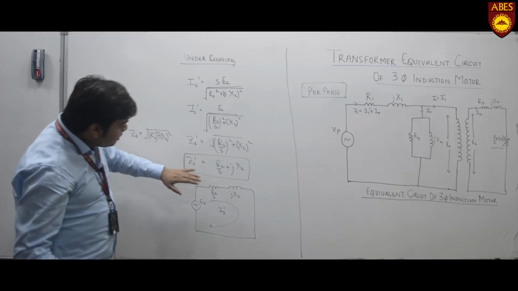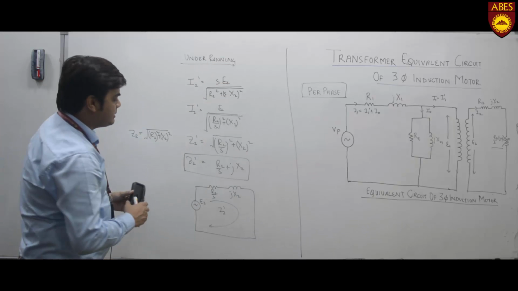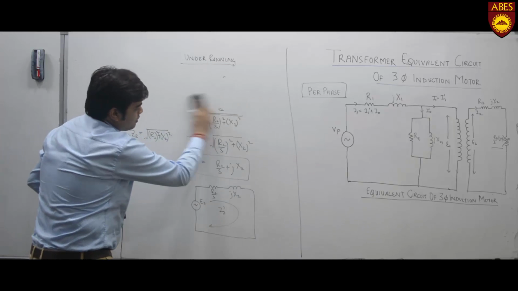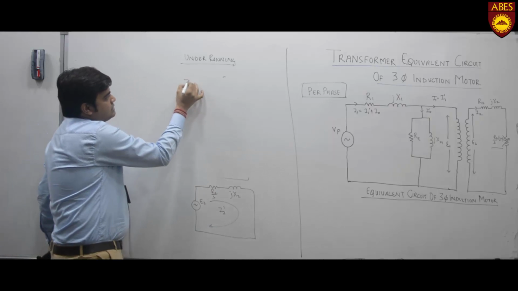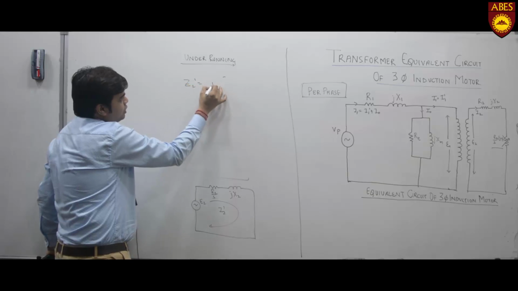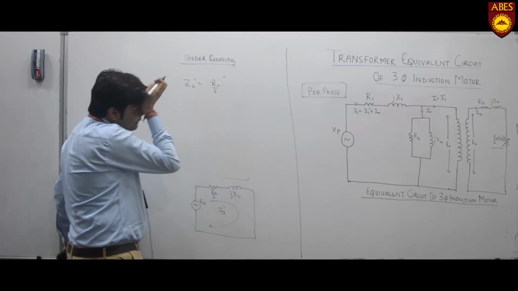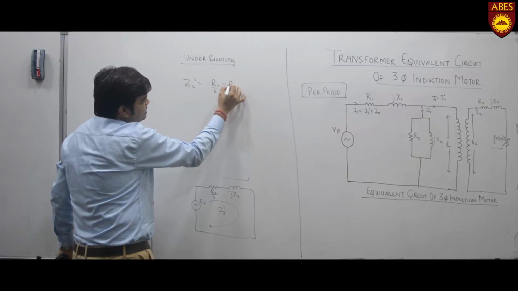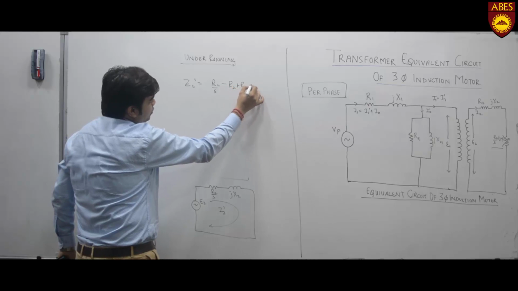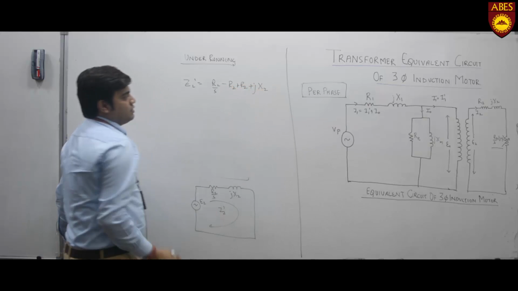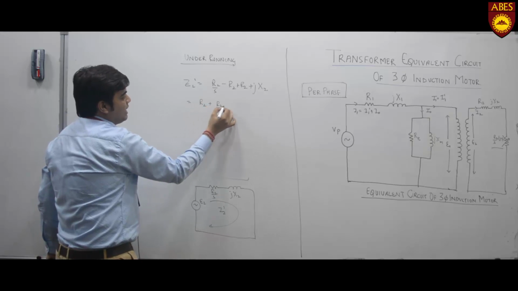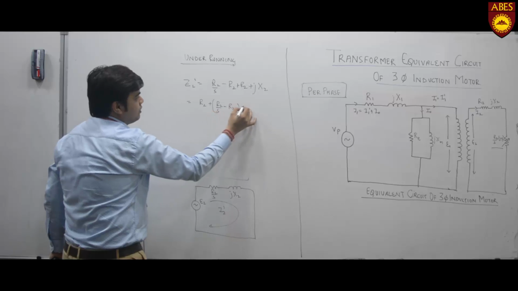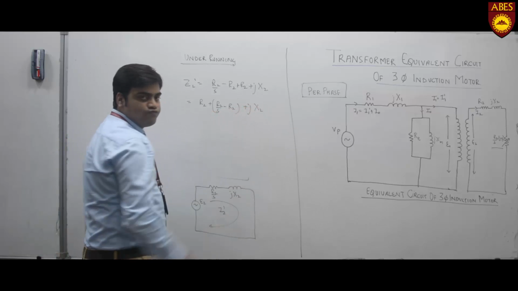For that, I will rewrite this equation as Z2 dash is equal to R2 by S minus R2 plus R2 plus JX2.